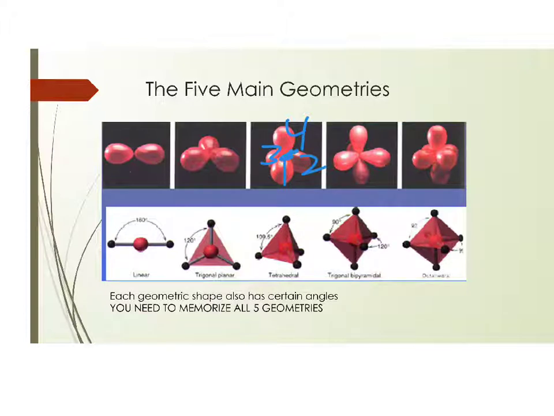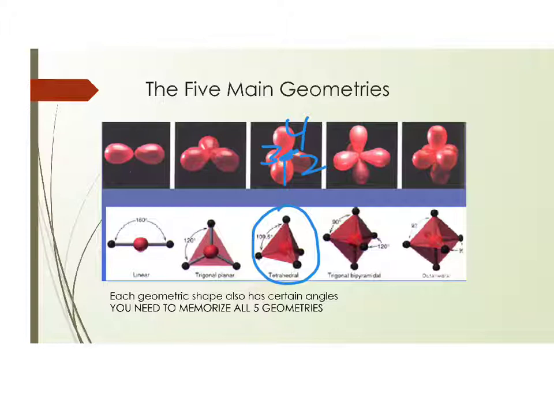If you look below, you can see that the tetrahedral geometry has an angle of 109.5 degrees, which means that each geometric shape also has specific angles, and these angles can vary even more based on their molecular shape that I will get into after.